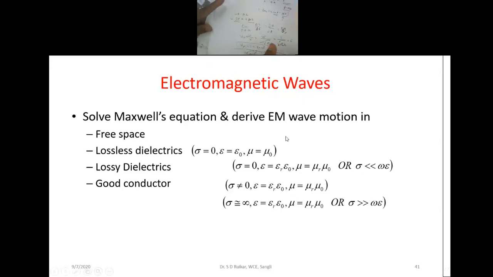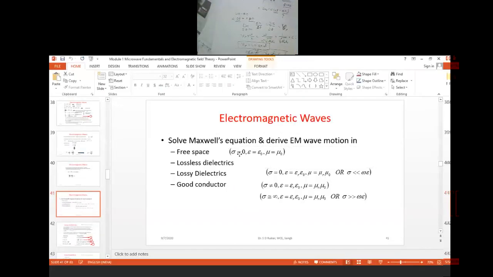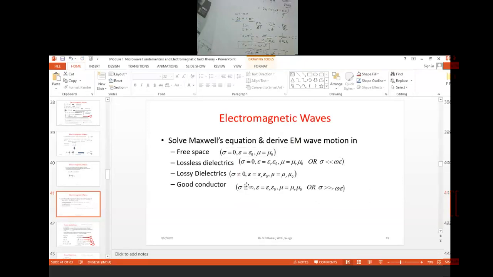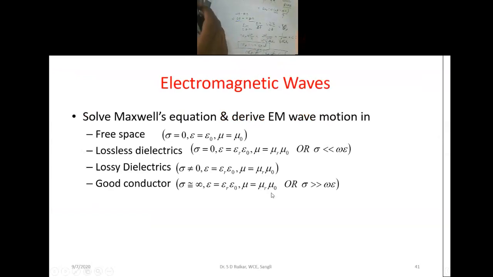Okay, now the same is written in the PPT. I think there is a small mismatch in the equation there, but no problem. So for free space, sigma is equal to 0, that is, the conductivity is 0, epsilon is equal to epsilon 0, and mu is equal to mu 0.